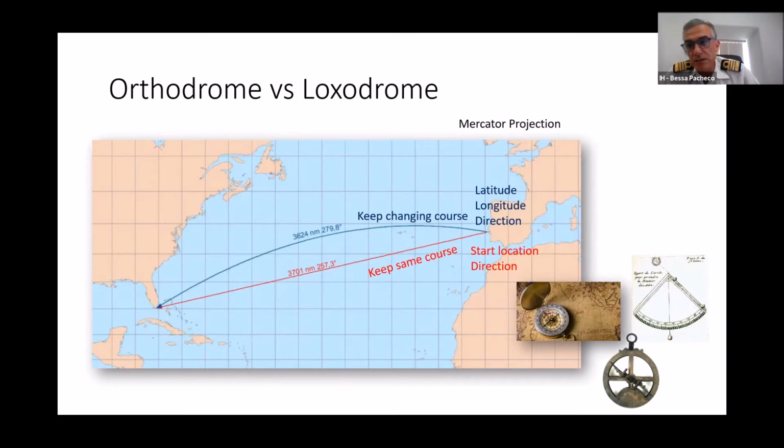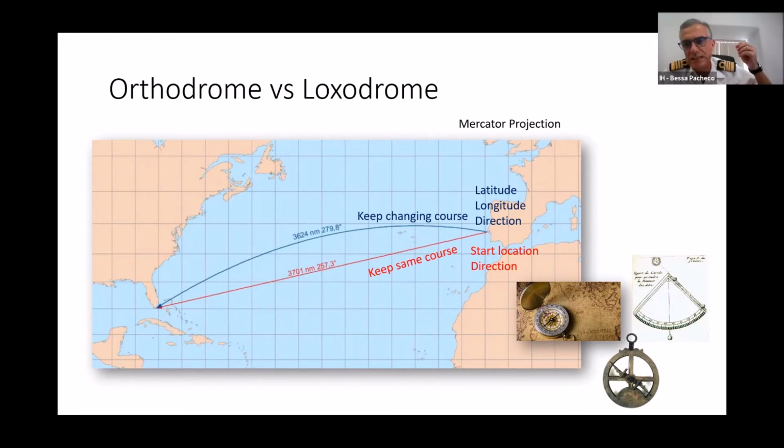It's not the shortest distance between 2 points, but it's the easiest one for us sailors to use. In an orthodrome, the problem is that you have to keep changing course to follow the minimum length way between 2 points. And that is really problematic.